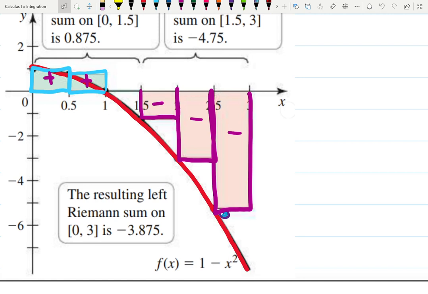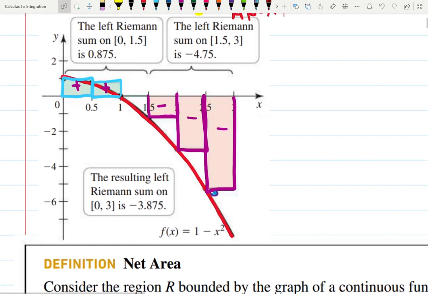And we're talking about the graph of the function 1 minus x squared, so it's part of a parabola. Thus, if the function is very much below the x-axis, then the result will be negative. And if it's very much above, the result will be positive. So in this case, we can guess it will be negative because the negative parts are bigger. And you either approximate it or you actually calculate it, and we're going to be doing that.